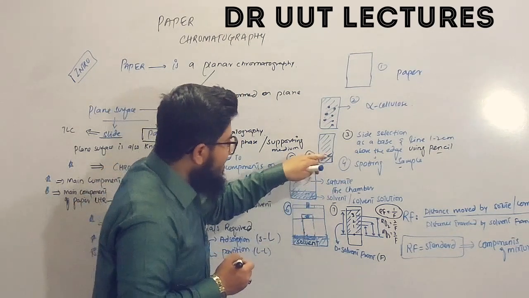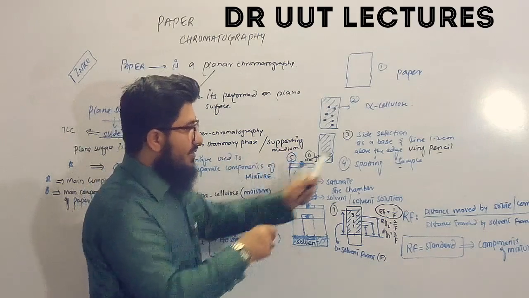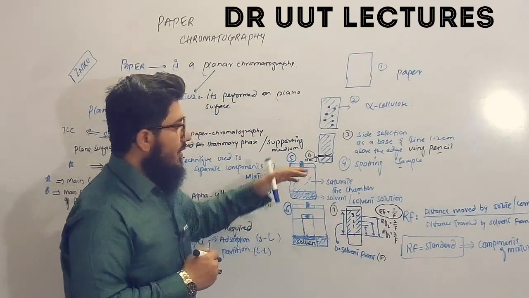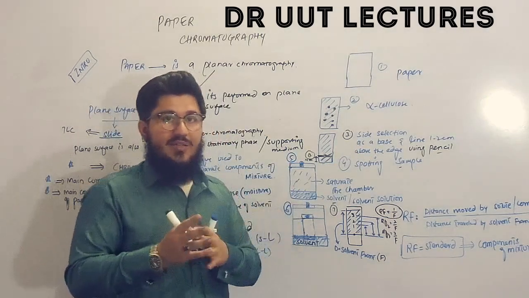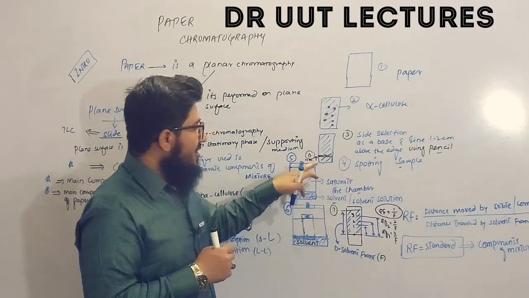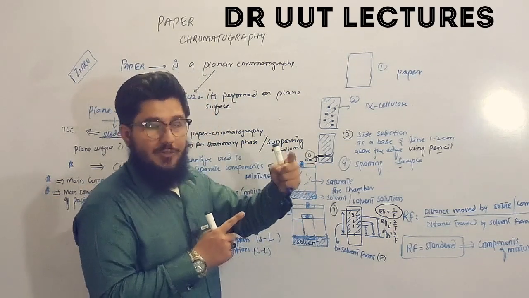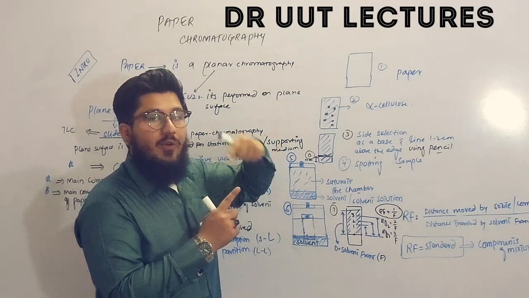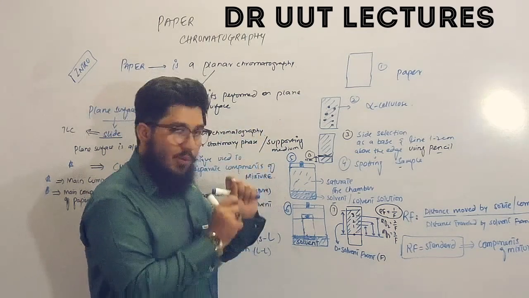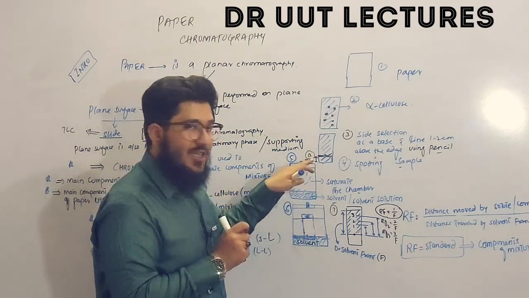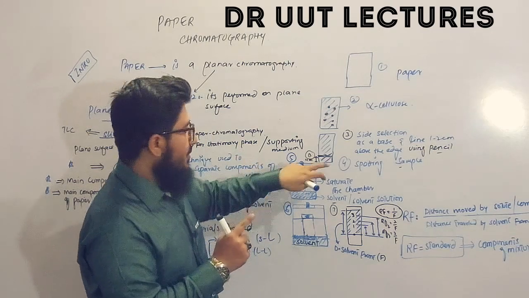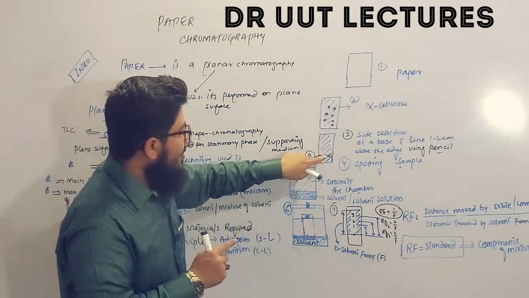This is the base edge and this is the baseline that we sketched with the pencil. In some other practicals and texts it is mentioned that you can sketch this line up to 2 centimeters. 1, 1.5 or 2, you can sketch any. Well, in most cases this line is 1 centimeter above the base edge. Now this is our baseline.